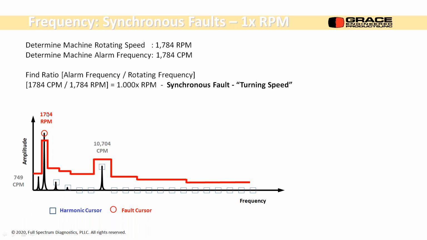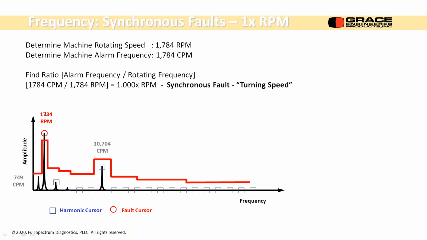Yours is going to be a little bit different because you're hooked up to another machine, so there'll be some load on it, so it might slow it down a little bit. The best way of knowing how fast your machine is turning is to use a strobe light, use a laser tach, or go in with a high resolution spectrum and actually measure it.